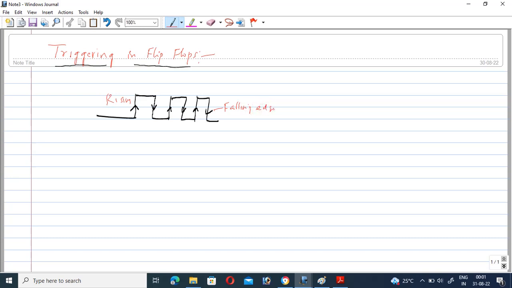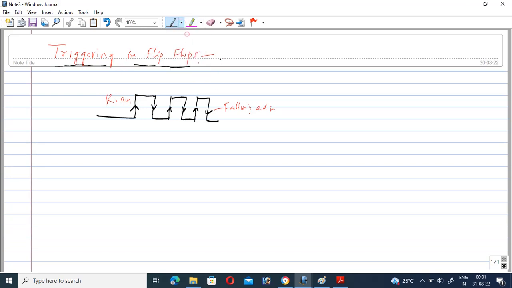Here triggering means a momentary change in the input signal by which the state of the flip-flop is switched.